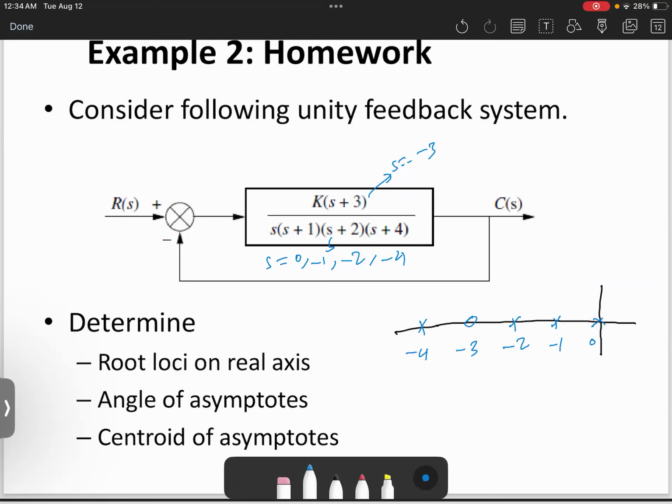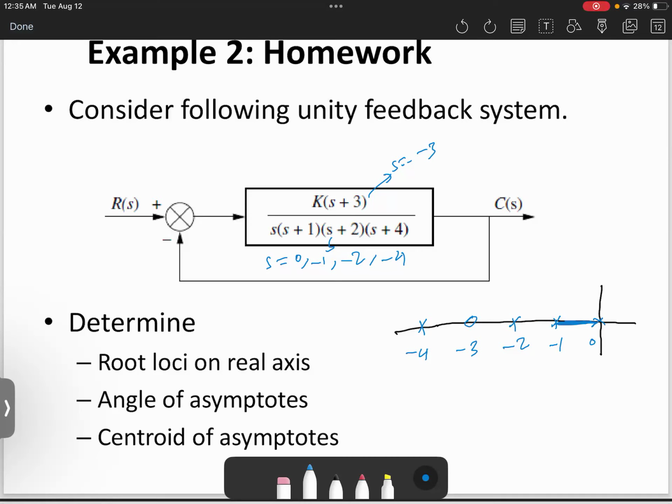Then once we reach -1, you will see that the number of poles and zeros is even. Therefore, the region between -1 and -2 is not counted. When we reach -2, the number of poles and zeros is 3, which is an odd number.